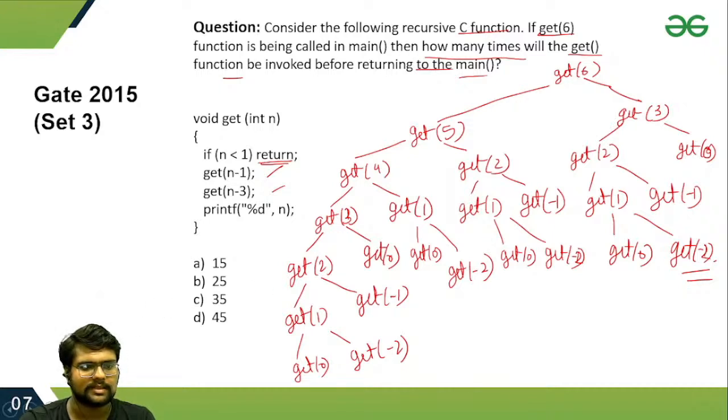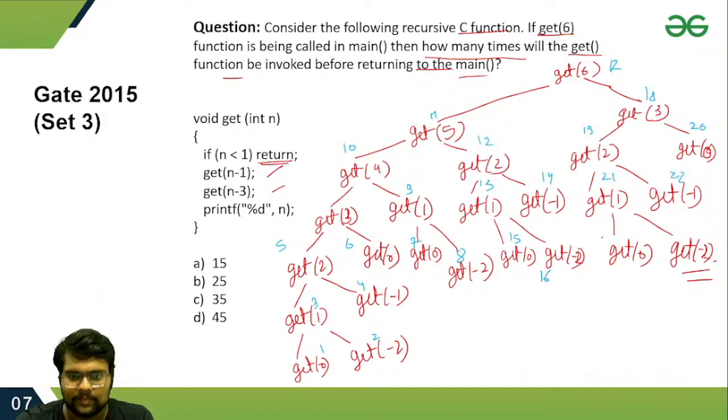So let me just change the color of my pen. Okay. So let me count the values: 1, 2, 3, 4, 5, 6, 7, 8, 9, 10, 11, 12, 13, 14, 15, 16, 17, 18, 19, 20, 21, 22, 23, and 24.